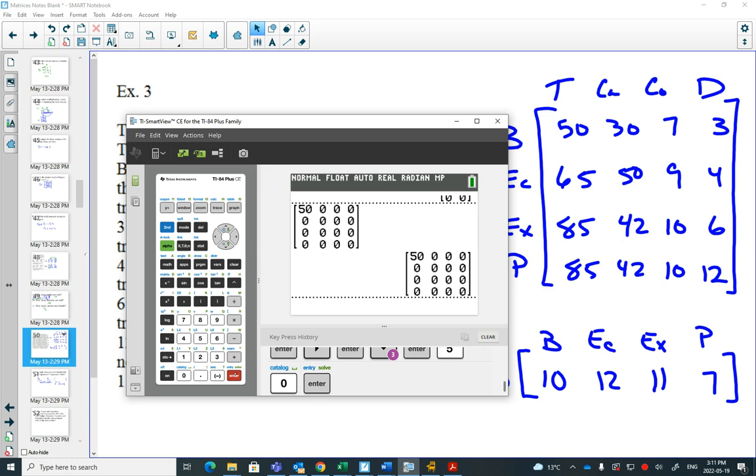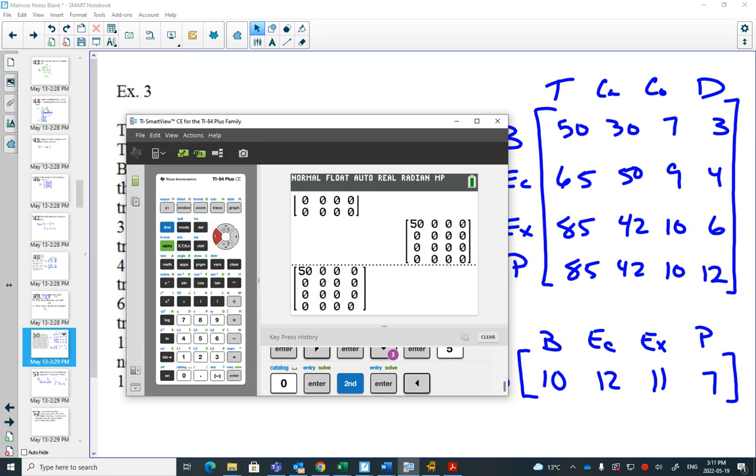Oh, I can't use enter anymore. There we go. 50, 30, over. You have to use the over button. 7, 3, down.